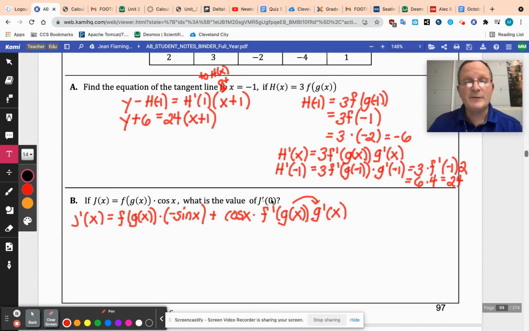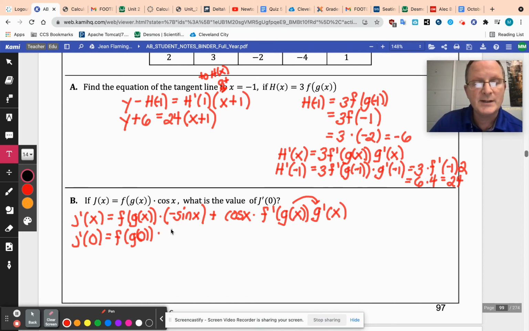Okay, and then if I'm going to find j prime of 0, we've got a lot of substituting to do here. So I've got f of g of 0. We'll do that in a second. And then the sine of 0, which is 0.